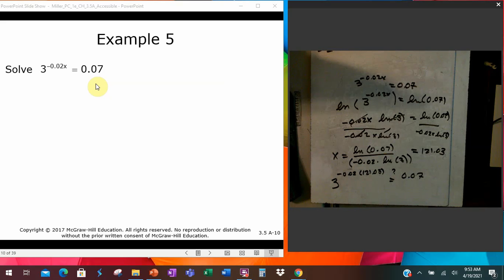So I've got 3 raised to the negative 0.02 times 121.03. I get 0.06992, and that's pretty close to 0.07 to 2 decimal places.